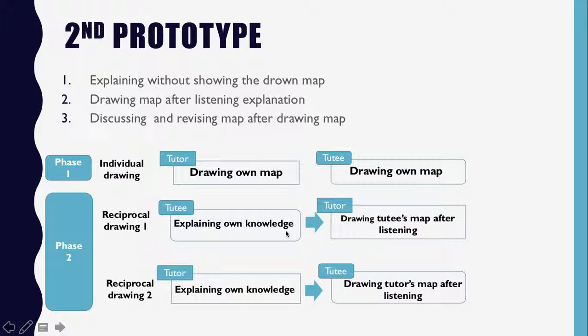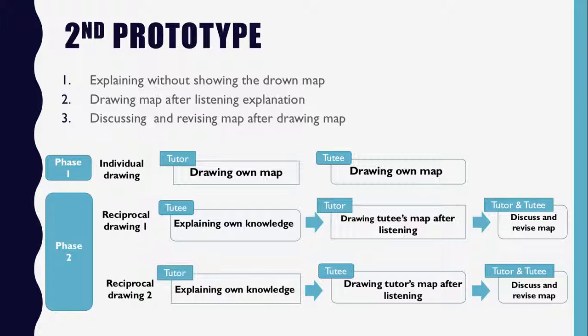And then after the explanation, another member of the peer tutoring pair will draw another concept map based on their reasoning. And after they draw the map, they discuss and revise the map based on the explanation.